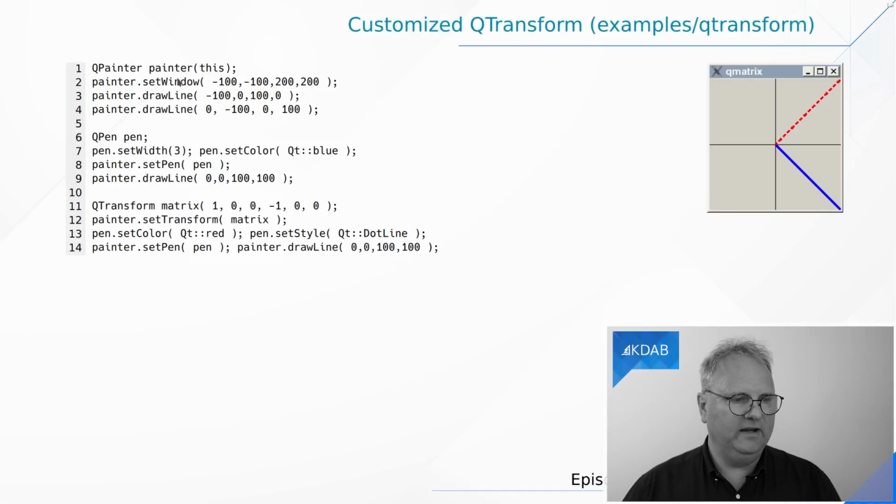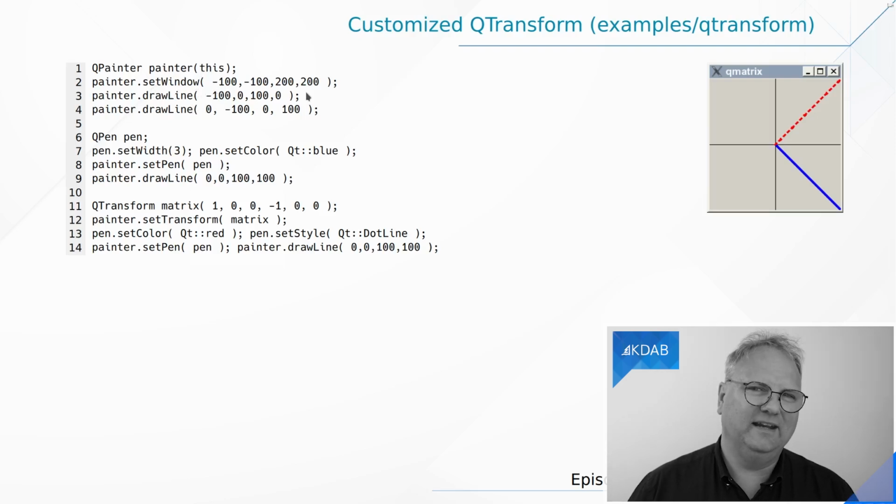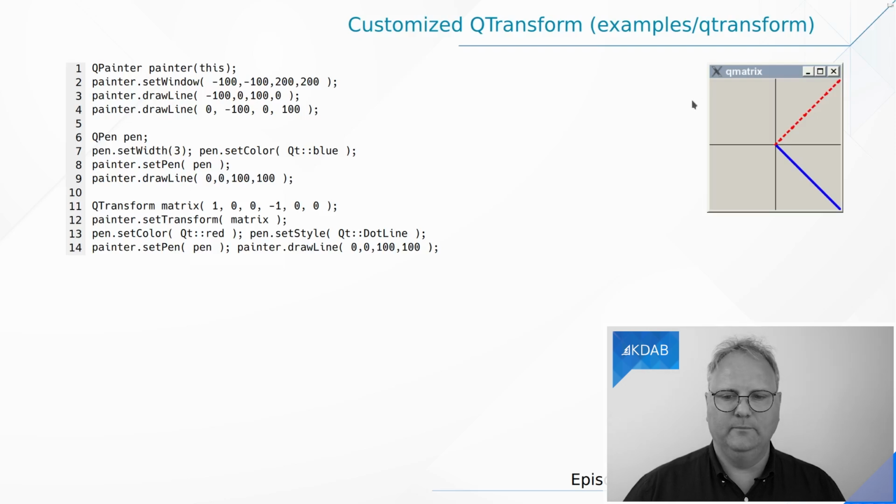Here's an example. See, I have a painter, I draw a line, setWindow. We haven't talked about that, but that's the same trick as the scale that we saw. I'm basically saying, well, I'll be thinking of this up here as -100, -100, and the width is 200 and the height is 200, which means that when I draw a line from -100, 0 to 100, 0, it goes from here to here, and another one from there to there.